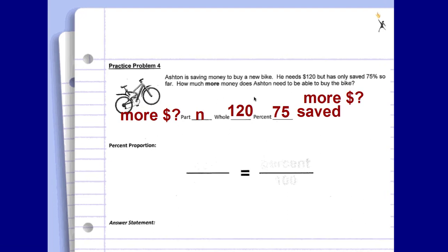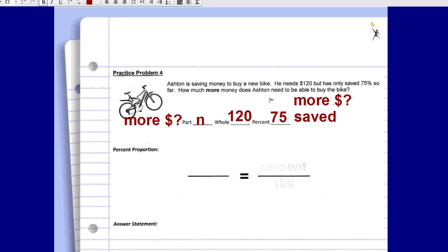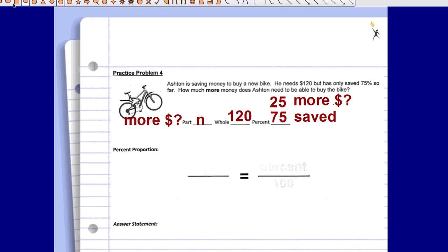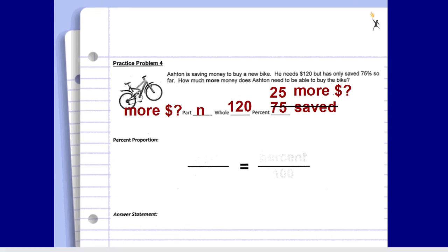Well, if he had the whole $120, then he would have the whole 100%. So if he's already saved 75%, then the rest of it is how much more he needs. So we would do 100% minus 75%, and that would give us 25%. He needs 25% more. So we're not going to use the 75% because that's the saved amount. We're going to use the 25%.